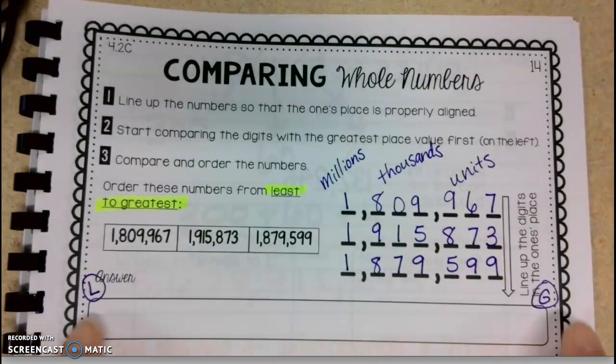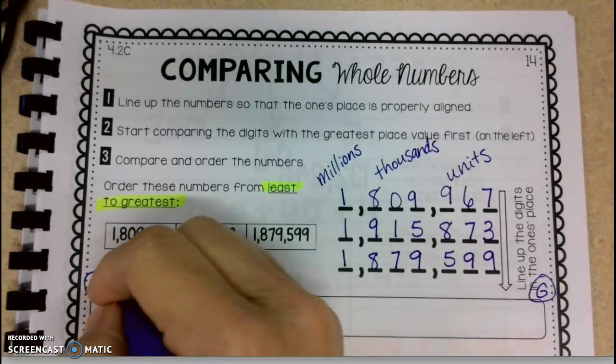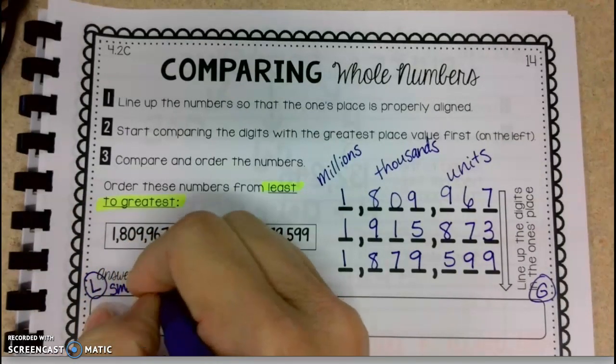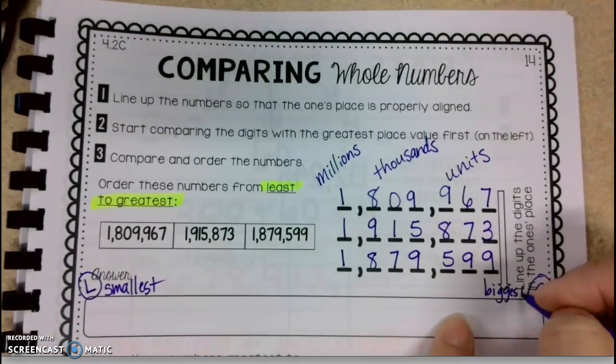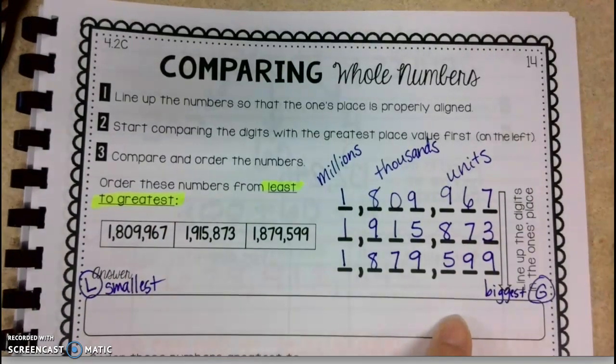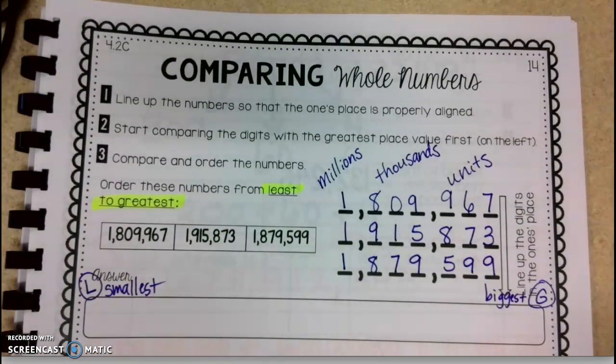That just kind of helps me remember to put the smallest one first and the biggest one at the end. Because sometimes you just get in the habit of writing smallest to biggest or biggest to smallest, and then you don't even think about the directions. But you've got to pay attention to those. They're going to switch it up on you sometimes, okay?